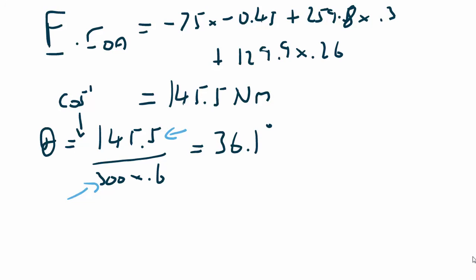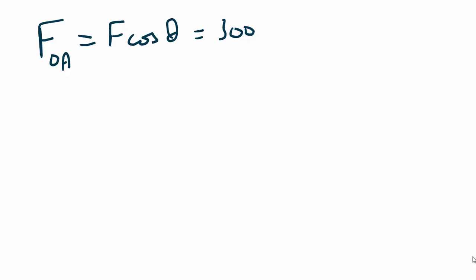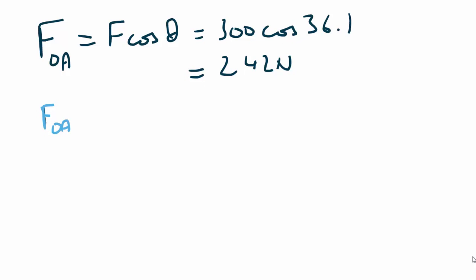If you recall, there were two ways you could solve this. So using that 36.1 degrees, we can say the magnitude of force OA is F cos theta, which is 300 cos 36.1, which is 242 newtons. The alternative way of solving it, which I'll change to a different colour just so you know it's an alternative method, FOA is going to be the dot product of the force vector with the unit vector.